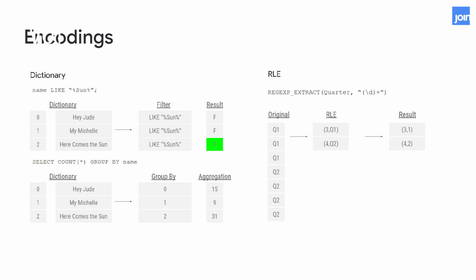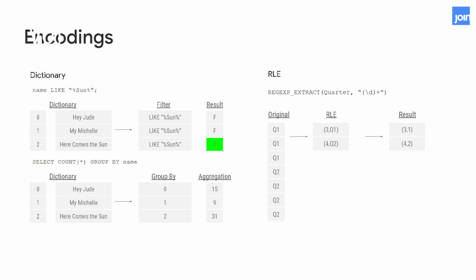So instead of keeping those values, we just keep them in a dictionary and remember the indexes into this dictionary. It helps in a lot of different computations. For example, instead of evaluating an expression over every value in the column, we just evaluate it over the dictionary once. Hopefully there are only a few values.